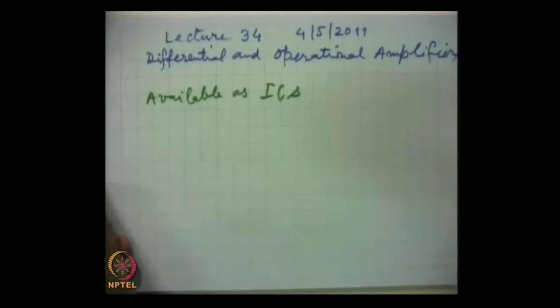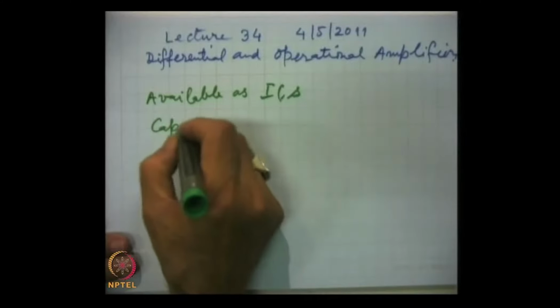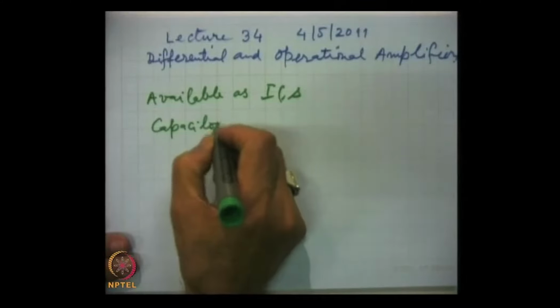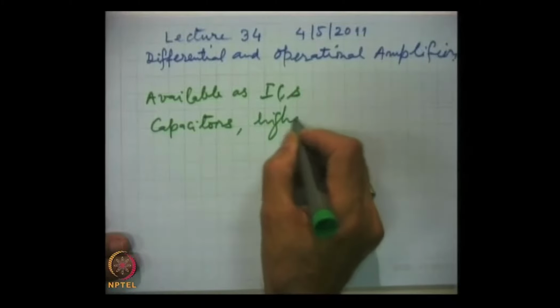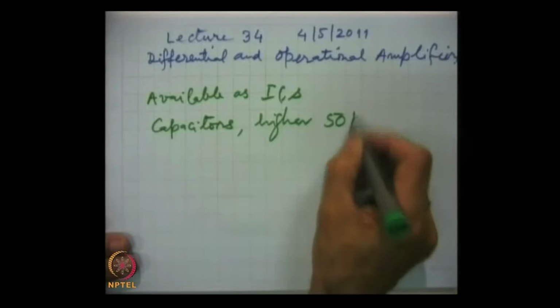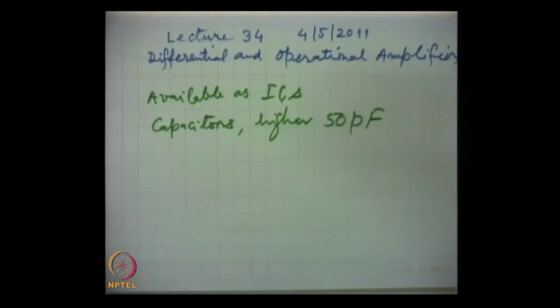So, capacitors having values higher than say 50 picofarad are avoided on the chip. Bypass capacitors and coupling capacitors normally are in the microfarad range.